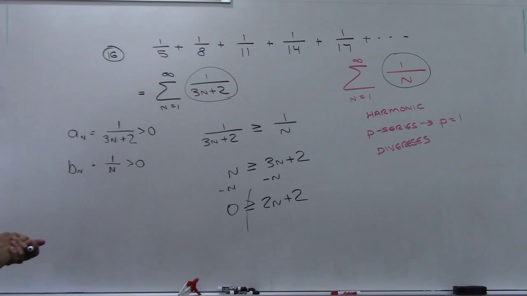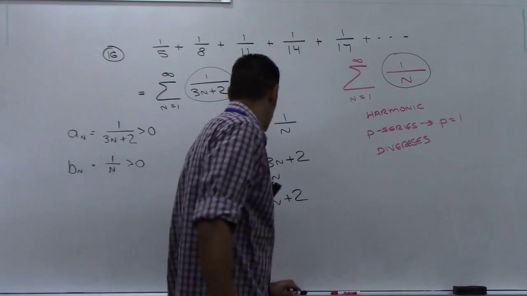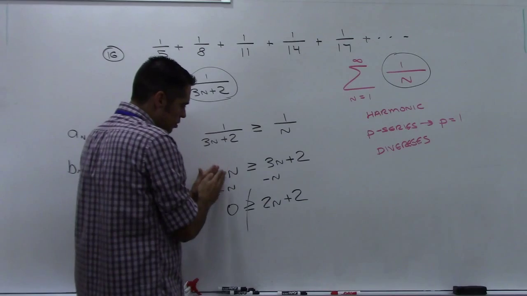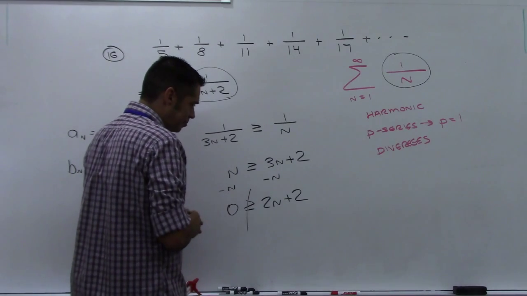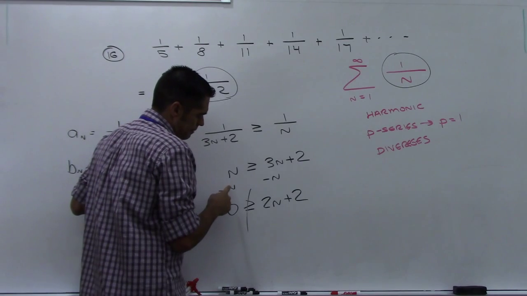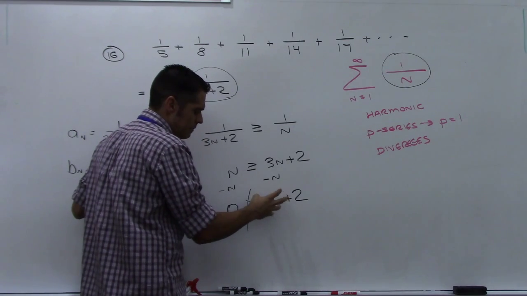So let's think about how we might tweak this so that it would work. What was the problem that I had? When I subtracted n on both sides, I got 0 over here, and I still had n's over here, and that's going to get bigger.